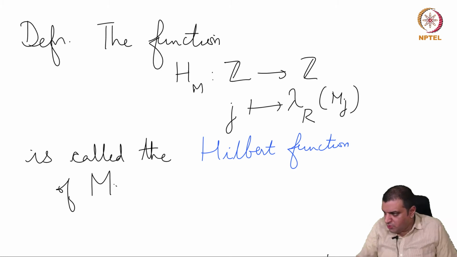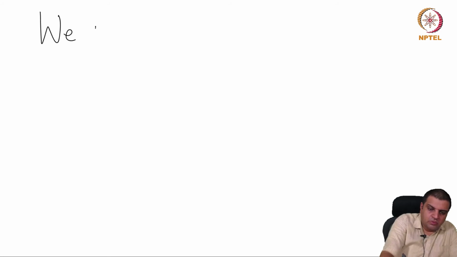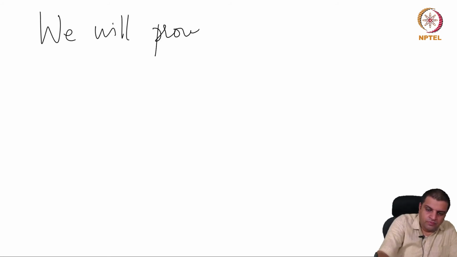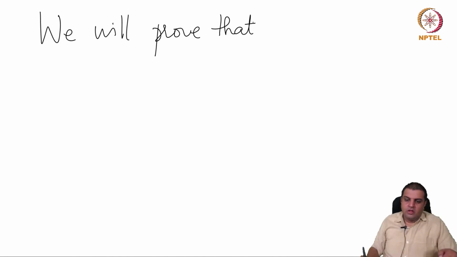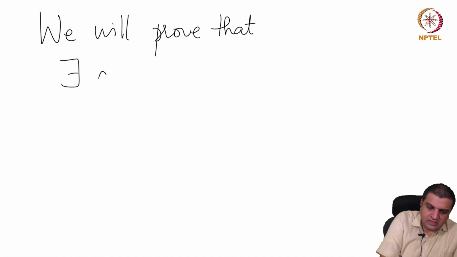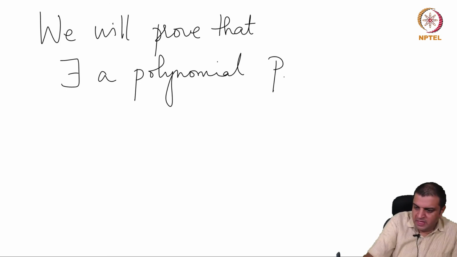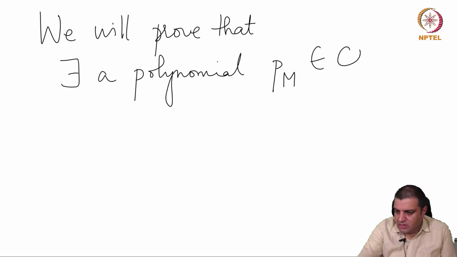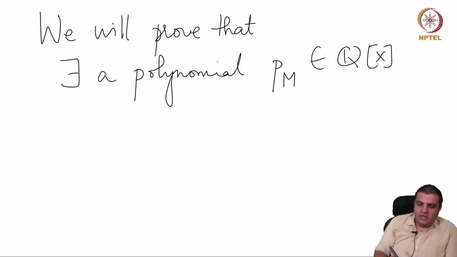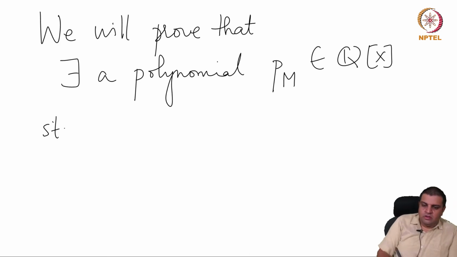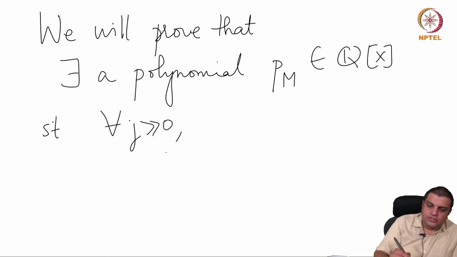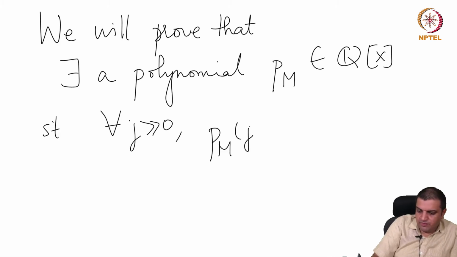Okay. So what we want to prove is that there exists a polynomial P_M, it depends on M, with rational coefficients, such that for all j sufficiently large, P_M(j) is the Hilbert function of M at j.